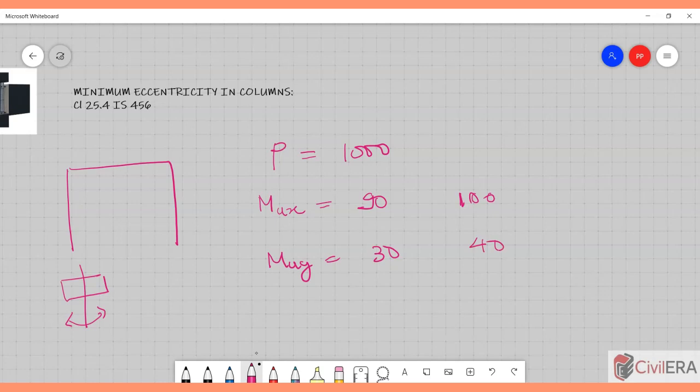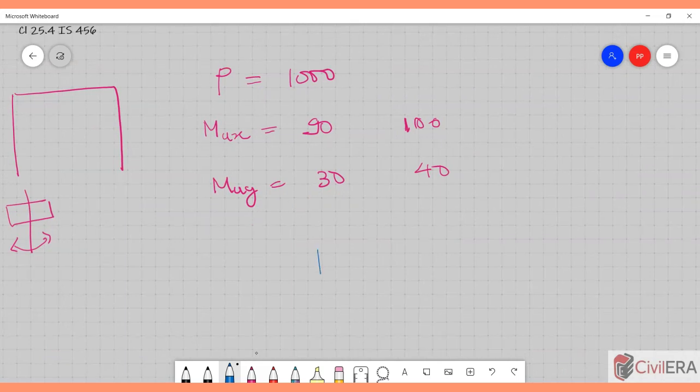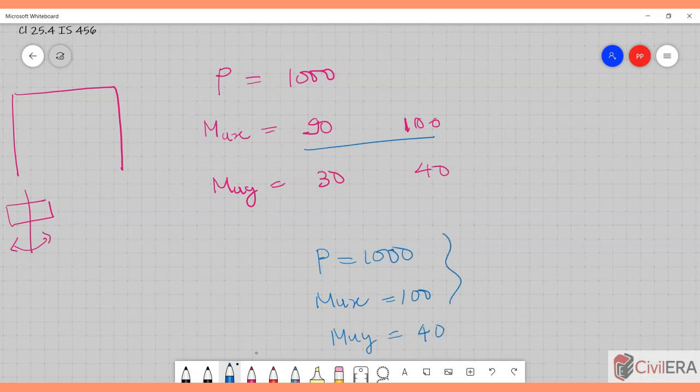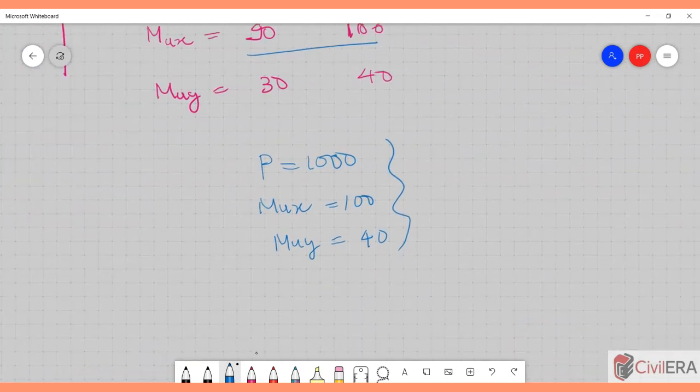Now if you look at your SP16, or any of your textbooks, what you will see is that your final design forces are going to be 1000 for your PU, then your MUX is going to be the maximum of this, so it is going to be 100, and then you will have something like 40. So this is your final design force. Slenderness moments are going to be added to this, but I'm talking about frame moment being replaced by the higher eccentricity moment. So this is what you will find.